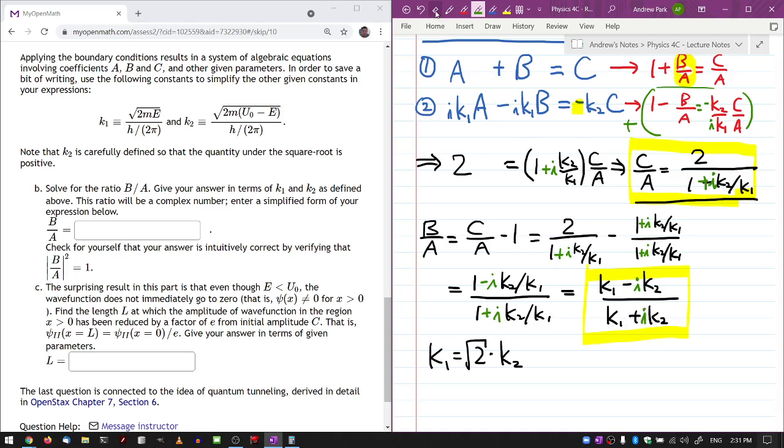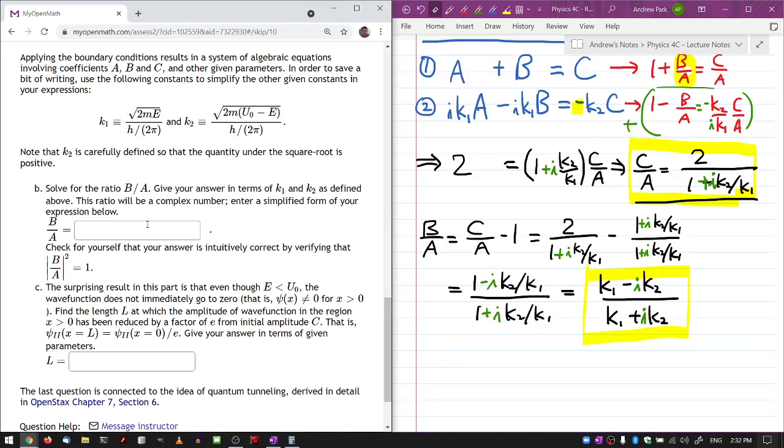The special feature here is that for all values of k1 and k2, these two have the same magnitude. You can actually see that. Do this calculation yourself.